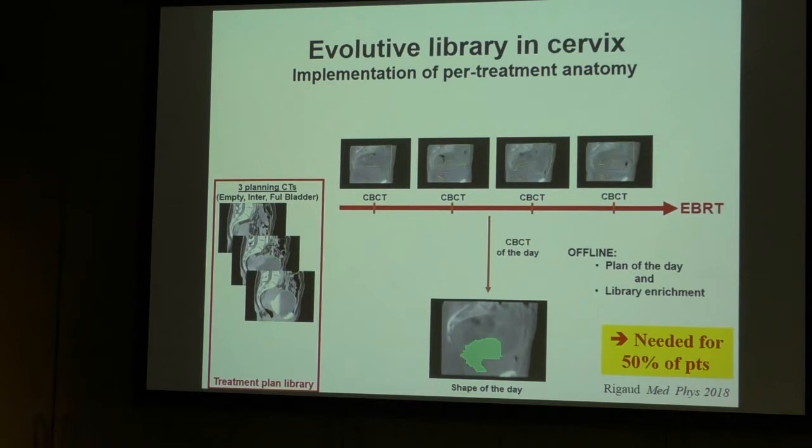By doing that, it was possible to show that half of the patients needed to have at least 1 per-treatment anatomy implemented in the pre-treatment library to optimize the target coverage. I don't know if I'm clear or not.